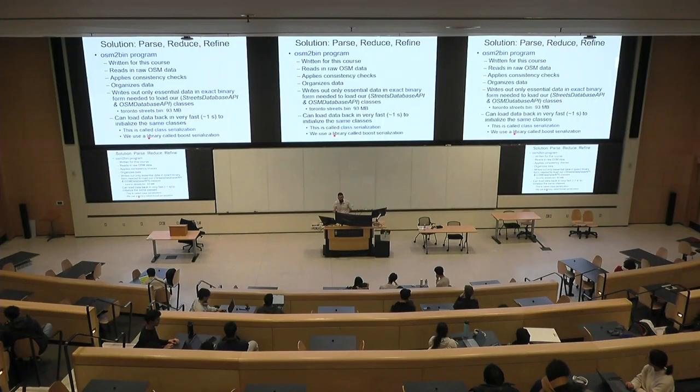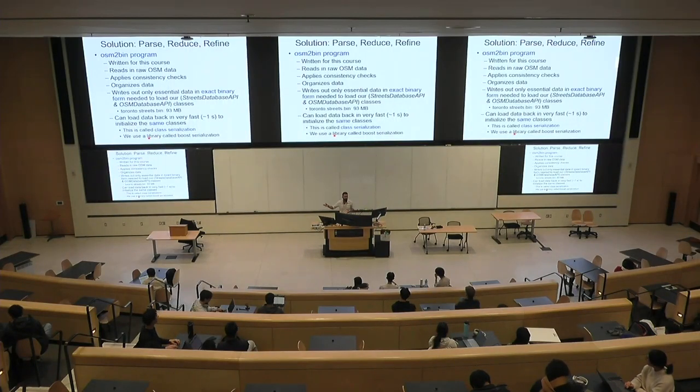You can do this manually and the job will be done, but the problem is it's very error-prone. You might forget how you parsed the file, so next time you load it, you might not be consistent. So we usually use libraries that do this. In this course, we use a library called the Boost library, and what it does is read all the classes that we have in memory and write them to a file in a very efficient way.